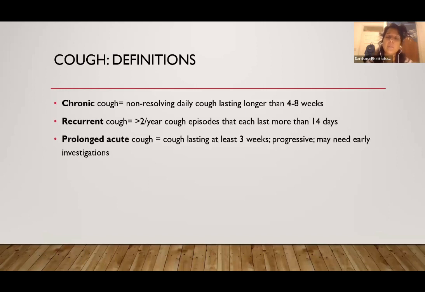A prolonged acute cough is a cough lasting at least 3 weeks, which is usually getting worse rather than better and may need early investigations. And an acute cough is a recent onset cough lasting less than 3 weeks. So the 3-week mark is really what you need to bear in mind in terms of when to start investigating a cough.